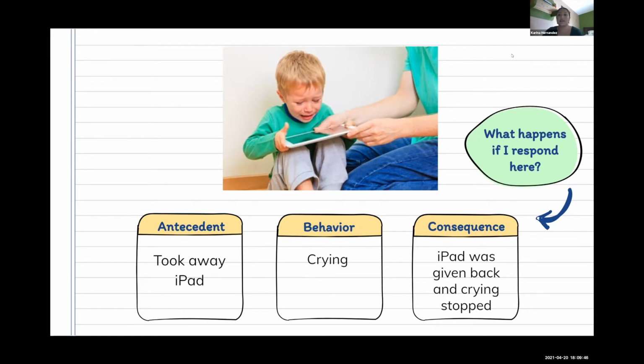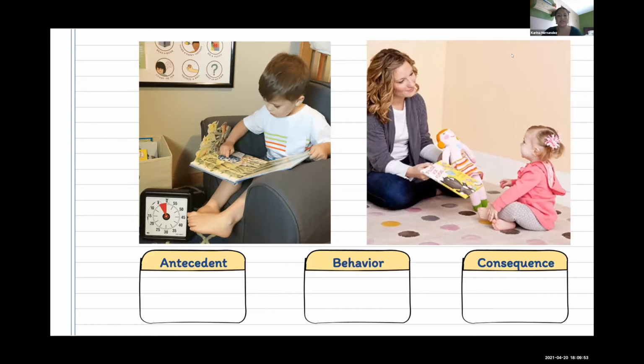Now let's take a look at what happens if we respond in the antecedent section. In this image, I want you to assume and pretend we have the same kiddo. I wasn't able to find him on Google again. So we're going to assume this kiddo is using the iPad, but in this situation, we know that taking the iPad away, saying all done, time to go to sleep, or whatever the occasion might be, is tough. So in this situation, we're going to set a timer.